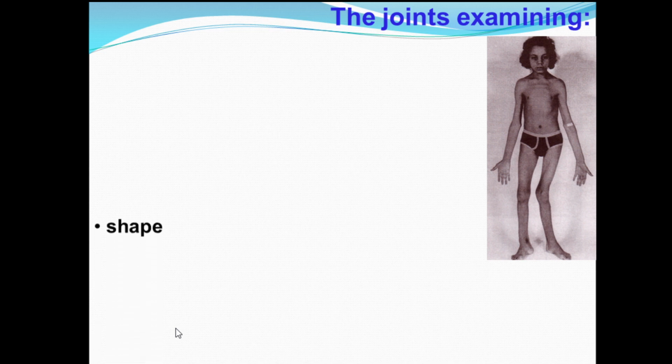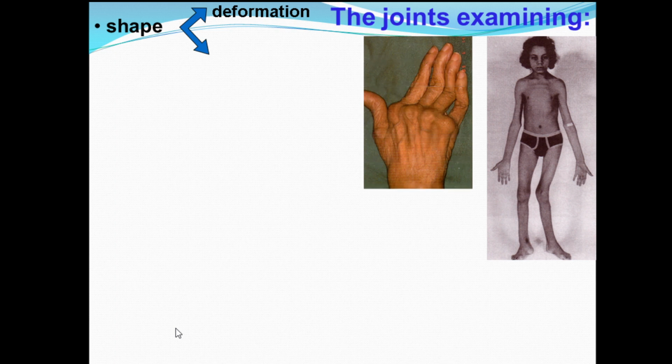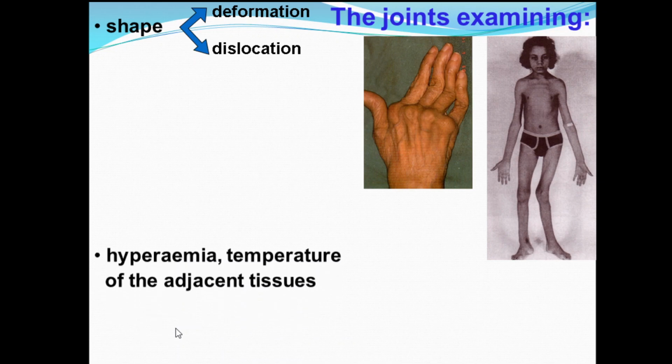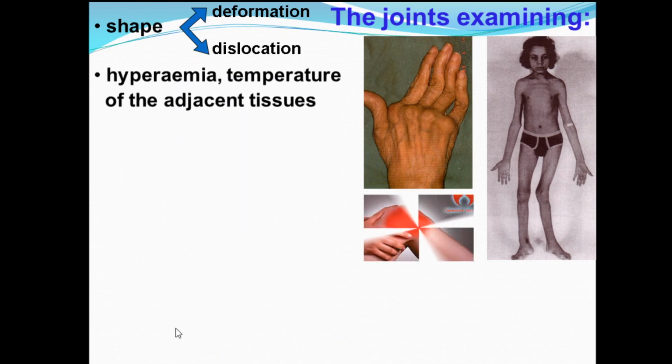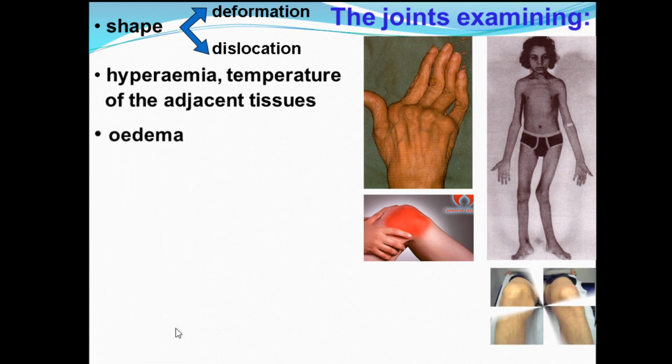During joint examination, first of all, we'll pay attention to its shape to reveal some deformation or dislocation. We'll pay attention to local changing of color due to hyperemia, because of increased temperature or any other problem. We'll pay attention to the size of the joints to reveal edema, comparing for asymmetry due to local edema.